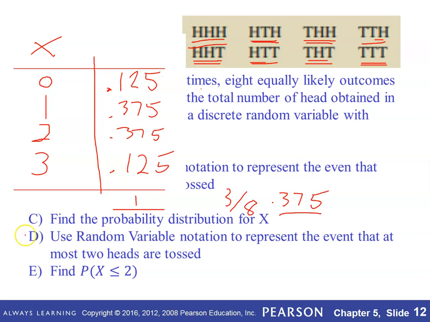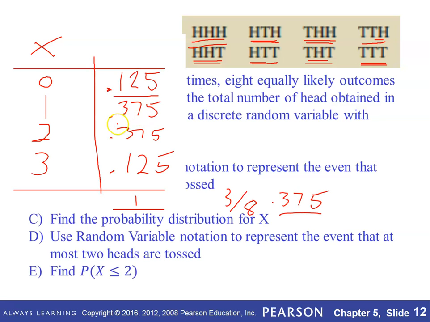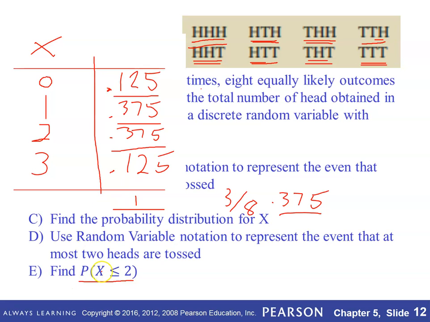So then, suppose I want to use random variable notation to represent the event that at most 2 heads show up. Well, it could be 0, it could be 1, or it could be 2. So the probability notation would look like this: the probability that x is less than or equal to 2.